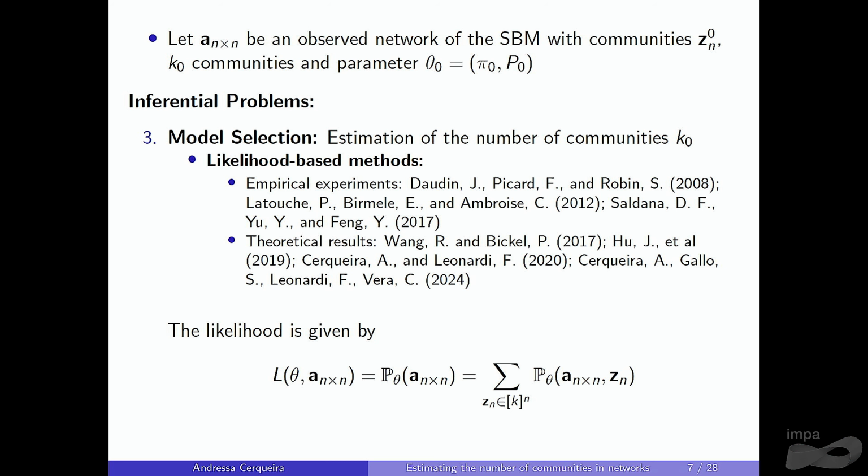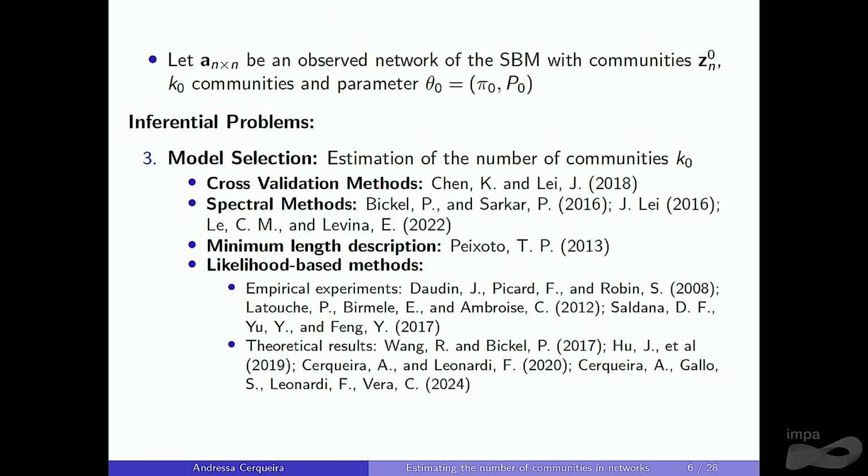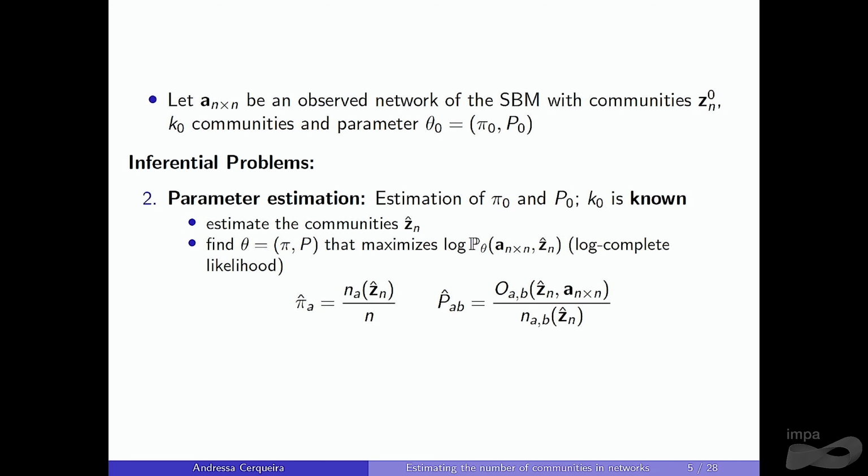But at this point, you can think, okay, I have learned about likelihood. So what we can do, for example, is to estimate the parameters. What we have done here is to maximize the log complete likelihood.